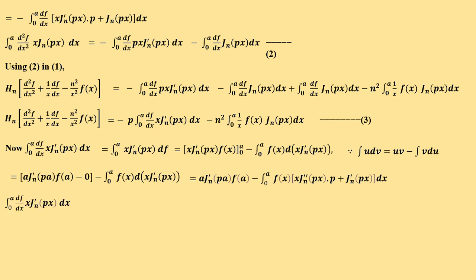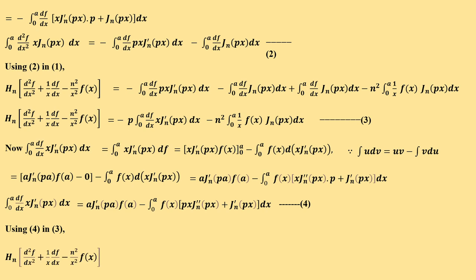So integral 0 to a df by dx x Jn dash of px dx is equal to a Jn dash of pa f of a minus integral 0 to a f of x [px Jn double dash of px plus Jn dash of px] dx. That is equation number 4.